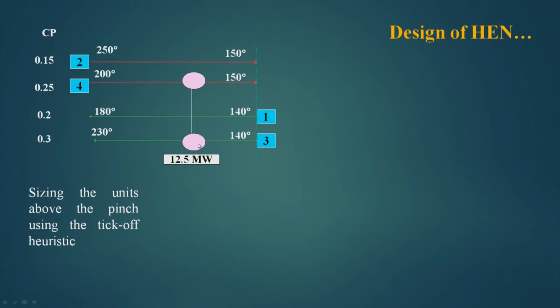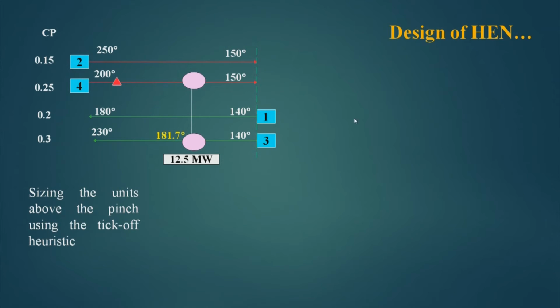Now, suppose I am putting up this match, 4 to 3, this is in the hot end. If I put 12.5 megawatt, then this stream is ticked off. The match will be put in such a way that either this stream will be ticked off or this stream will be ticked off.